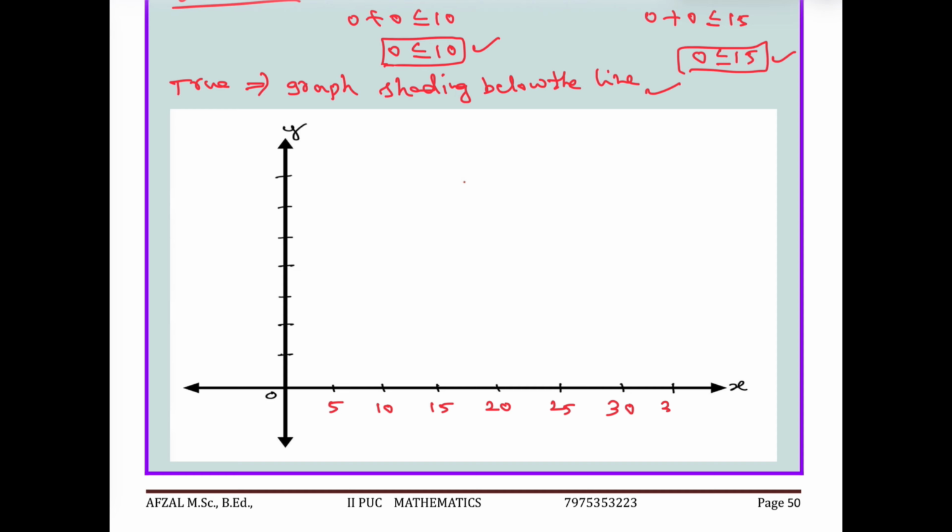Then to find b value, we need to substitute x equals minus 2, that is minus 2 equals a becomes 0 plus b into minus 2 plus 1. Then minus 2 equals 0 plus b into minus 1. Then minus 2 equals minus b, so b equals 2.